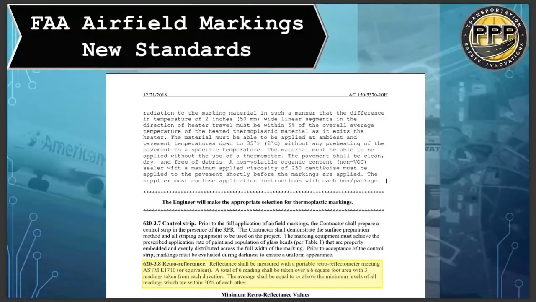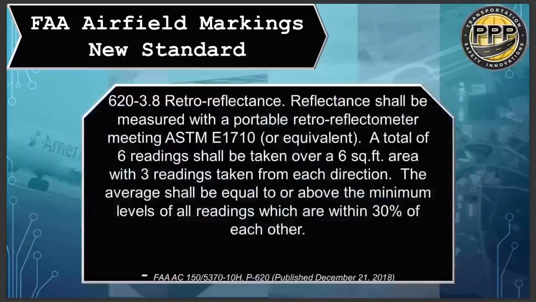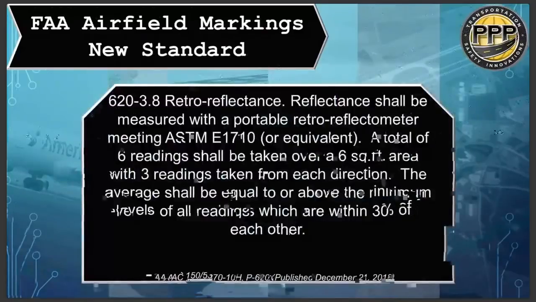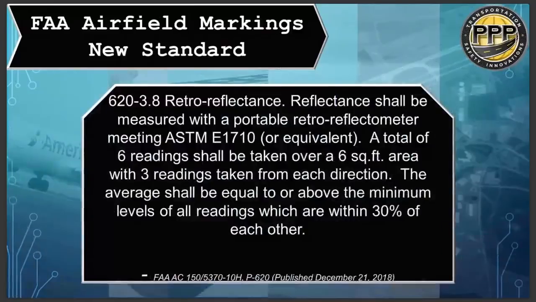You can see at the bottom of the screen here, item P620 3.8 discusses retroreflectance, and we'll zoom in and take a look at that in a little more detail. But the language says: reflectance shall be measured with a portable reflectometer meeting ASTM E1710, and it goes into a little more discussion about that. Greg and I really want to talk more about what all that language means, and we'll explain that.